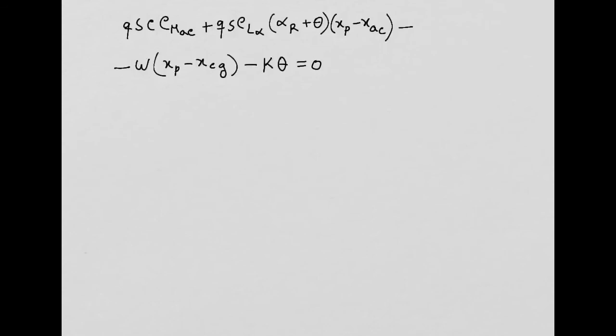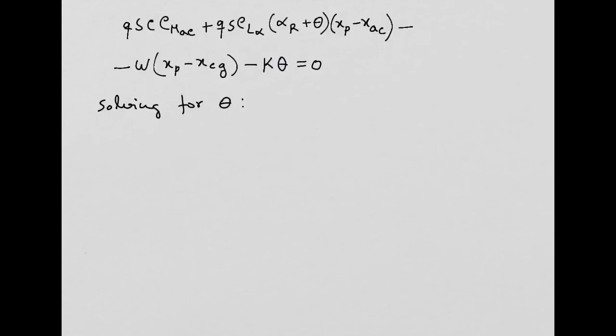So what we're going to do now is solve this equation for theta. So if you do that, well, you have theta here and here as well, right? So we need to organize, just a manipulation.